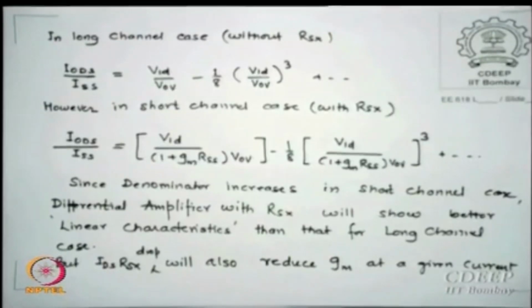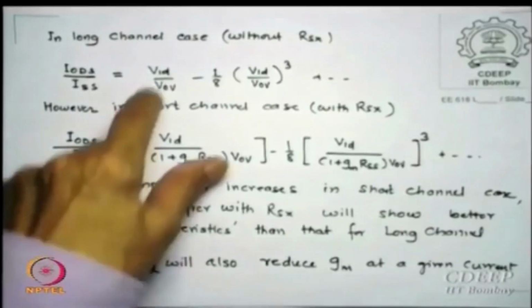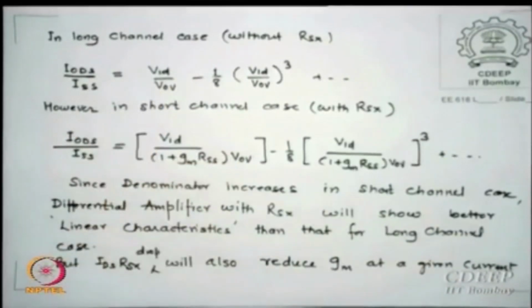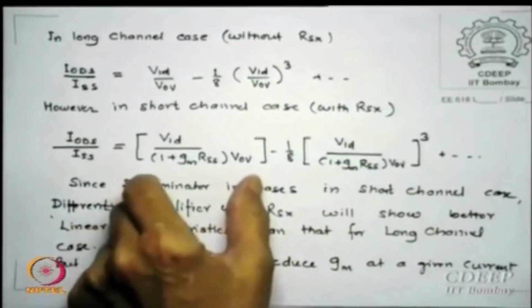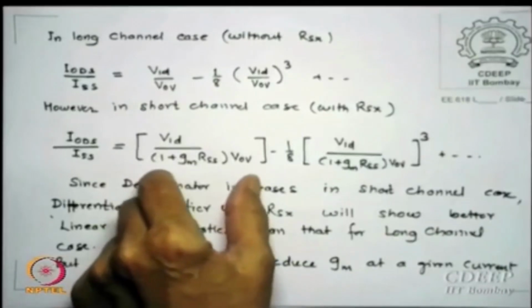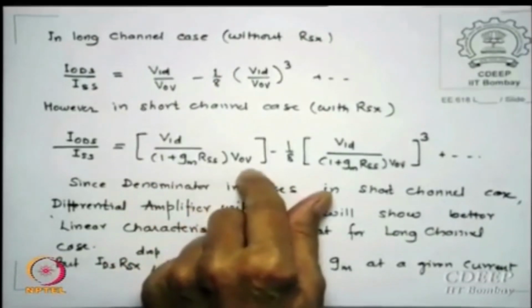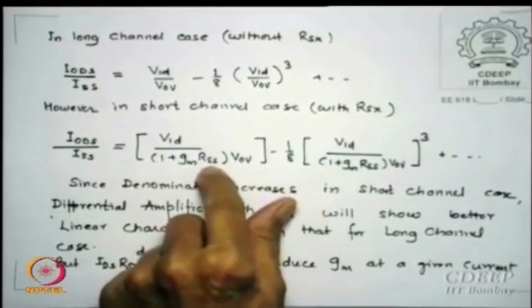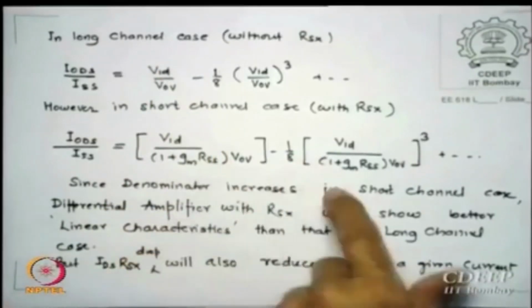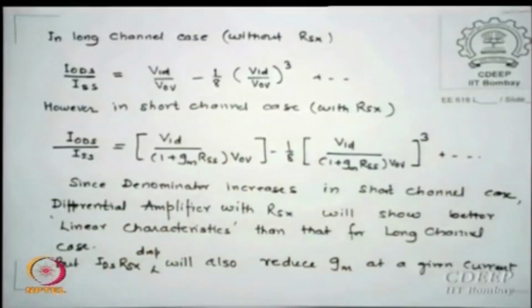However, in a short channel device, what should I replace now? This VOV will become, because of the degeneration, 1 plus GM RS times VOV. We have done it earlier. I am just replacing in the source degeneration value. So the new value of VOV will be 1 plus GM RS times VOV, where RS is the source resistance, minus 1/8 of this cubed term.